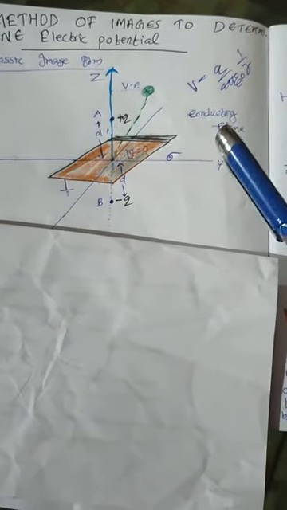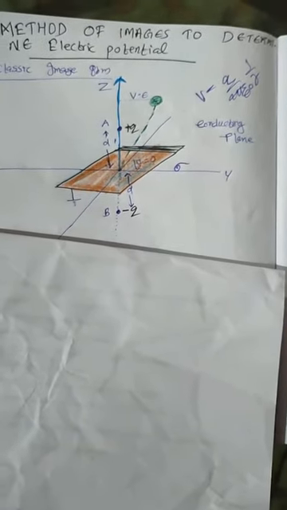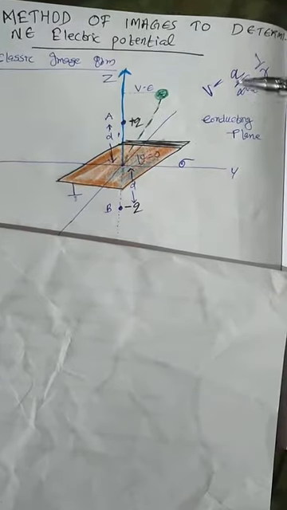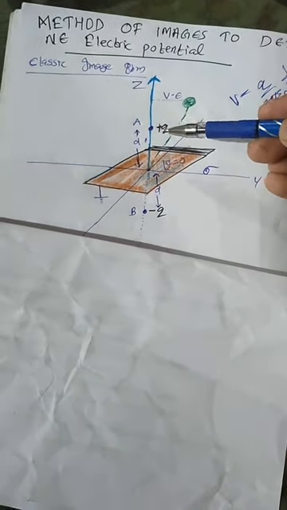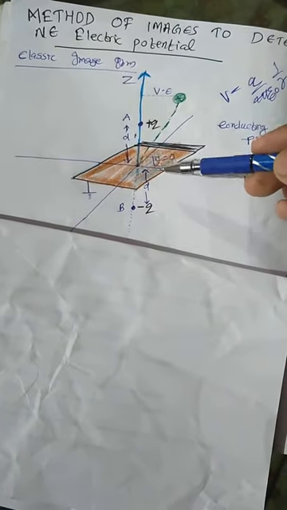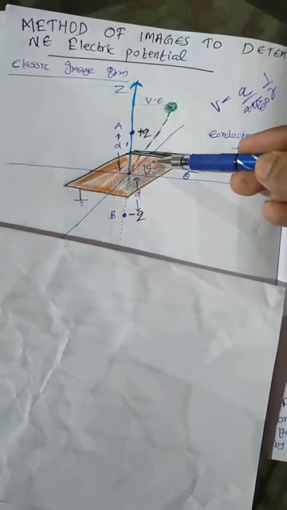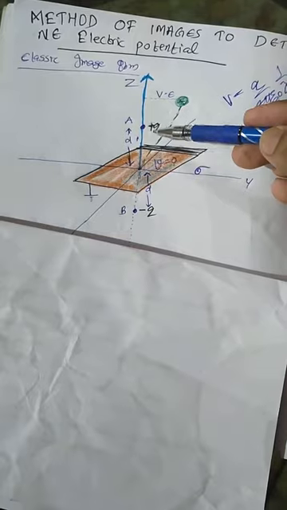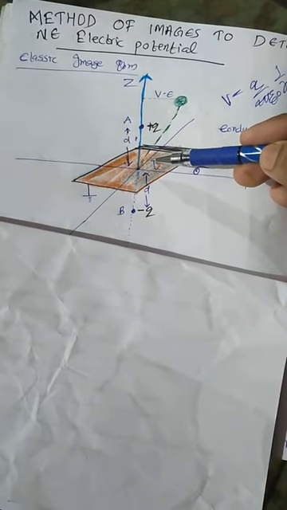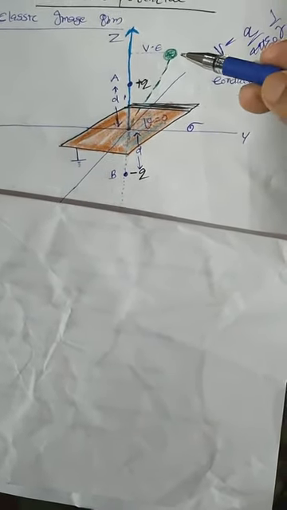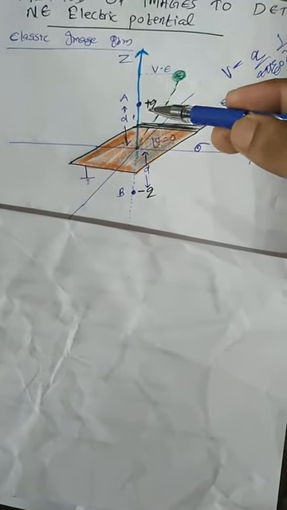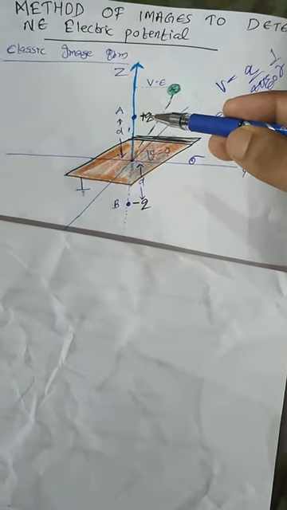We put a positive charge plus q directly above this plane, at a distance d from it. And we have to find the potential at this green spot due to this charge.